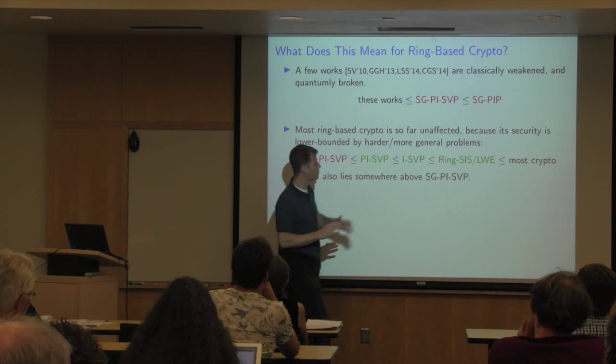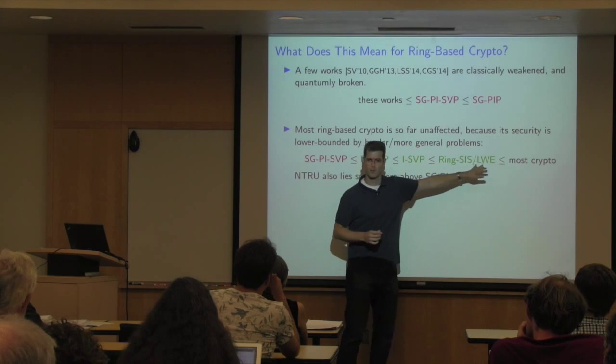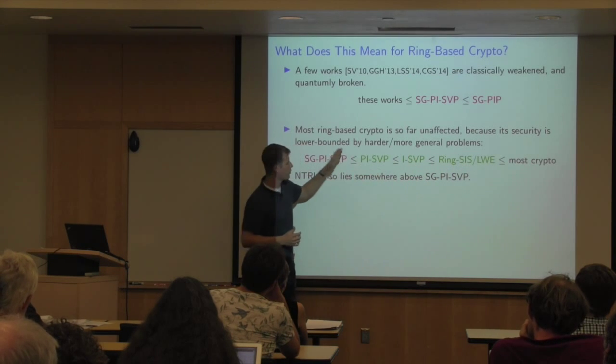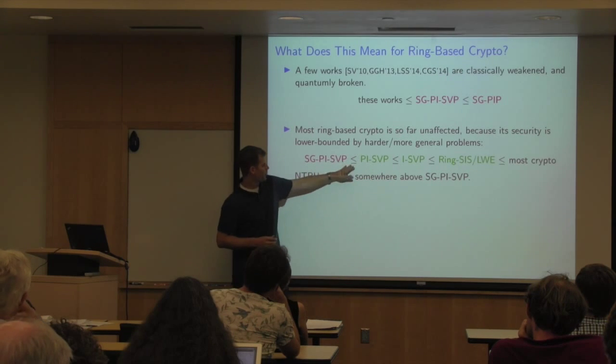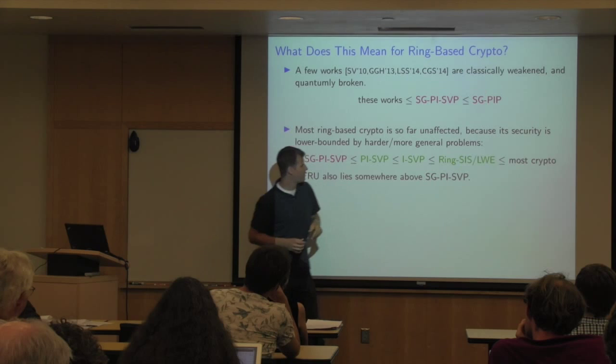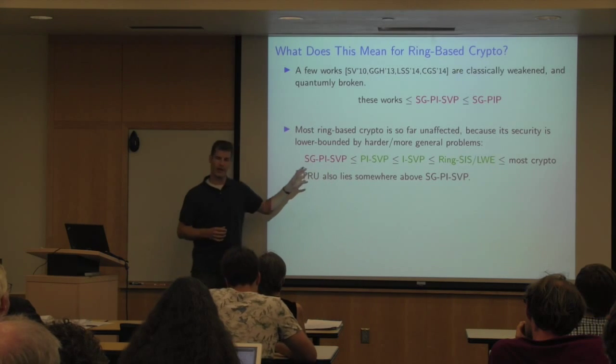And then most of the crypto, or a large fraction of crypto that you'll see out there, is based on, for example, this problem here. So it is lower bounded via this sequence of, well, these are all trivial reductions. This one's somewhat less trivial, but lower bounded by problems which we still don't know how to break yet.